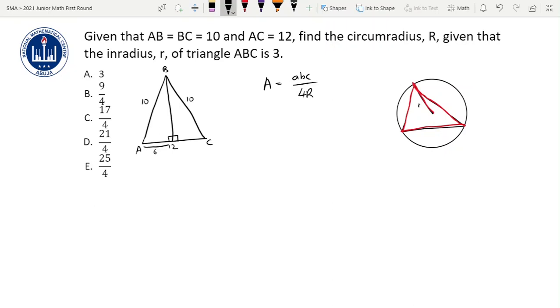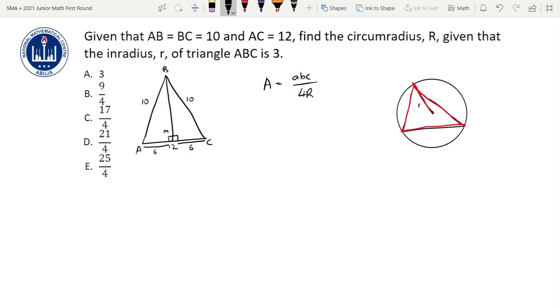Let me call this point M. So the length AM is going to be 6, and the length MC is also going to be 6. And remember, the formula for the area of a triangle is half base times height. So we're trying to find the height of this triangle and then use that to find the area.